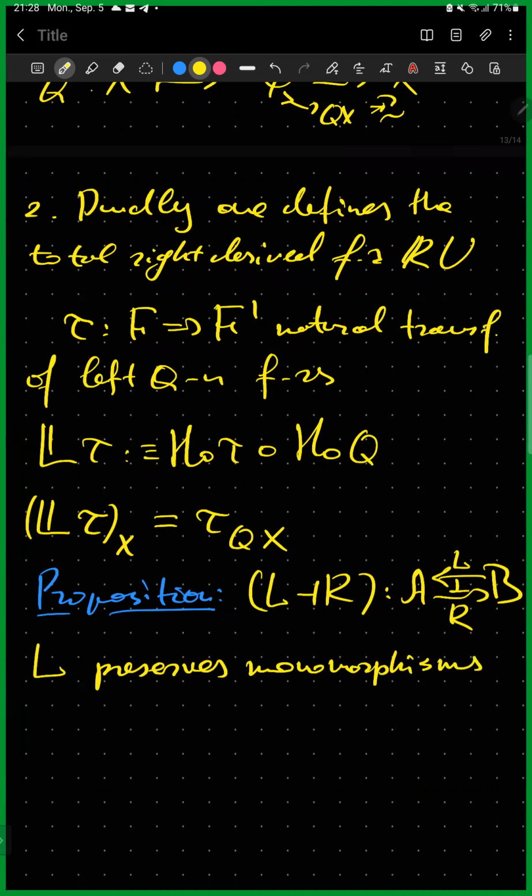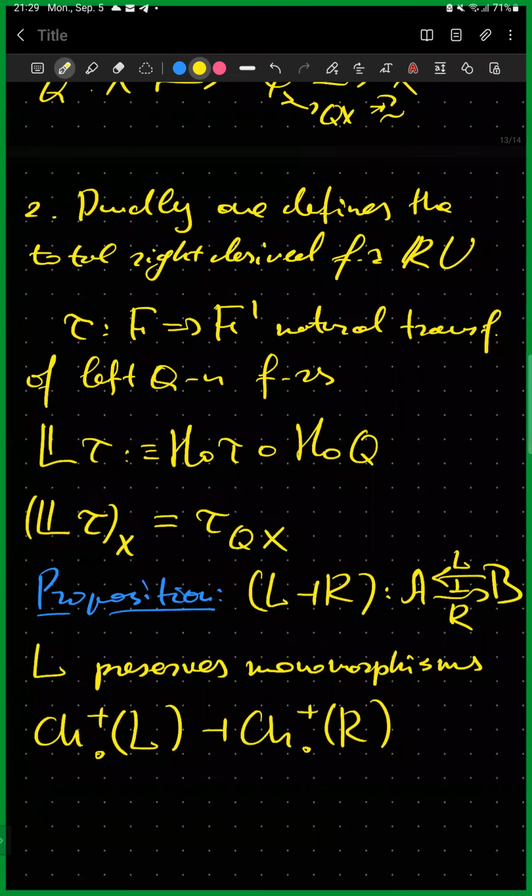Then we have a Quillen adjunction on the categories of chain complexes, which is induced just by applying these functors to each degree.